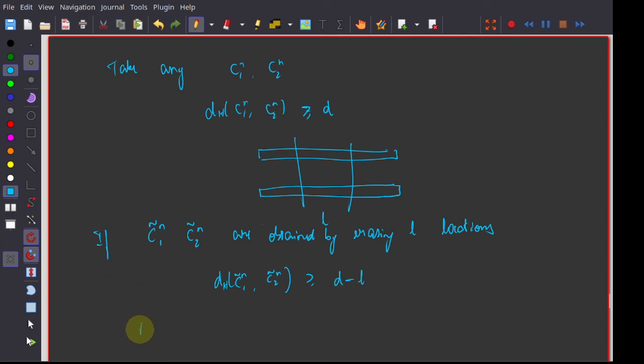So any erasure pattern with L less than or equal to d minus 1 erasures can be corrected.